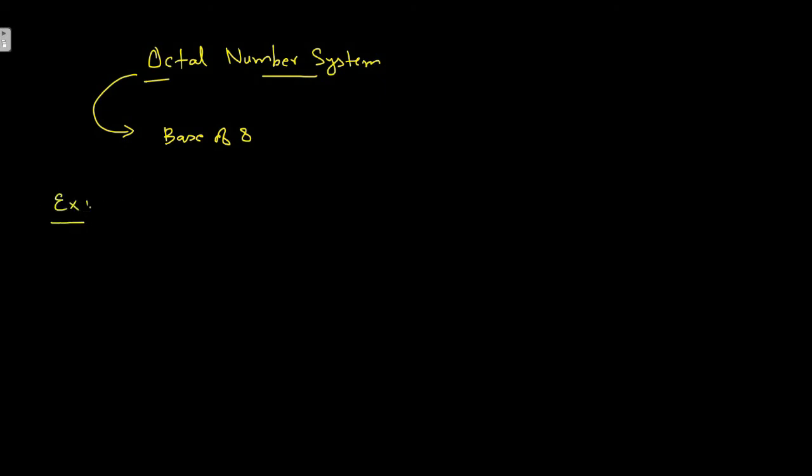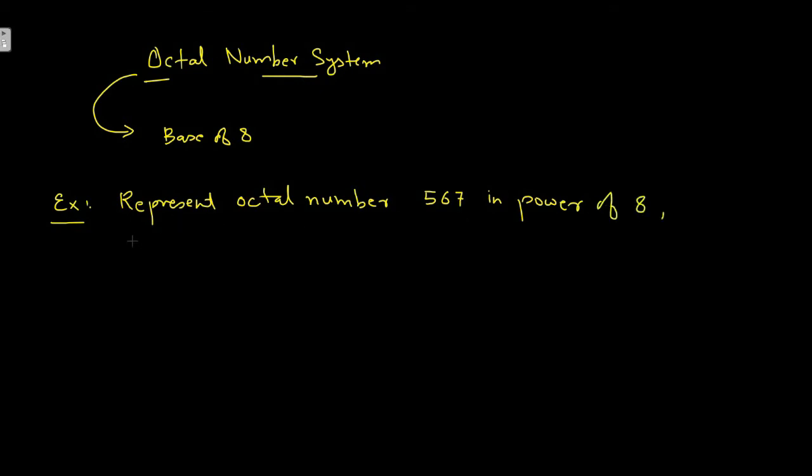First we represent octal number 567 in power of 8, and then find its decimal equivalent.